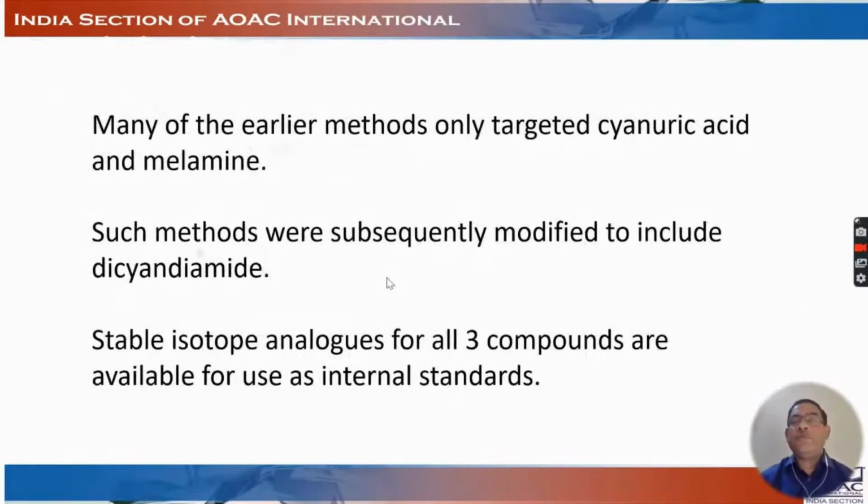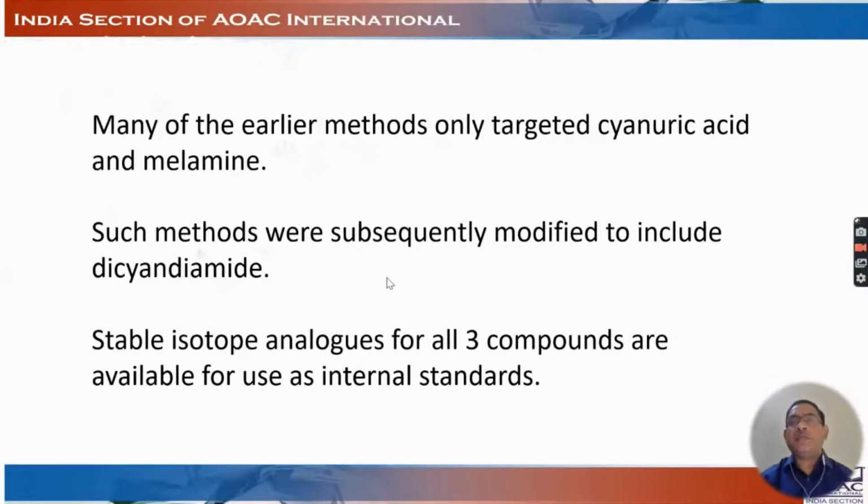Now, if you look at the review of various analytical methods which target estimation of melamine, cyanuric acid, and dicyandiamide, you will see that in most cases earlier, the methods targeted two compounds, melamine and cyanuric acid. And the reason was obvious, because when this issue was brought to the notice of the global community, it was understood that these two compounds were the major problem creators, because they combine together, form the crystal, and that causes damage of the kidney.